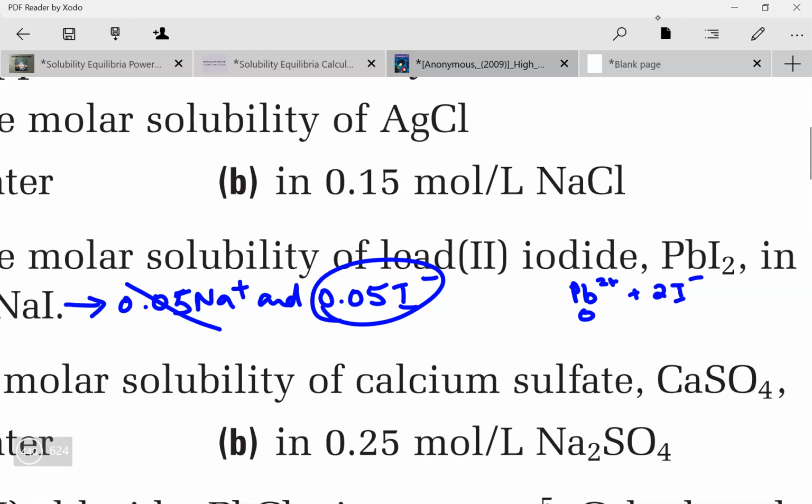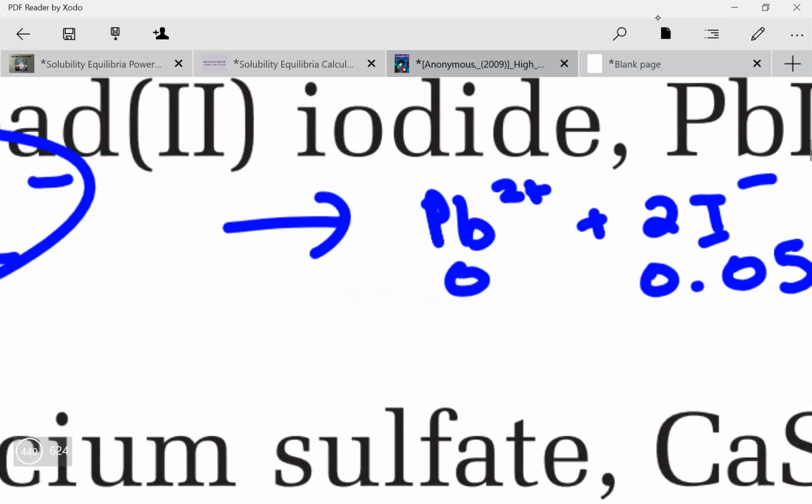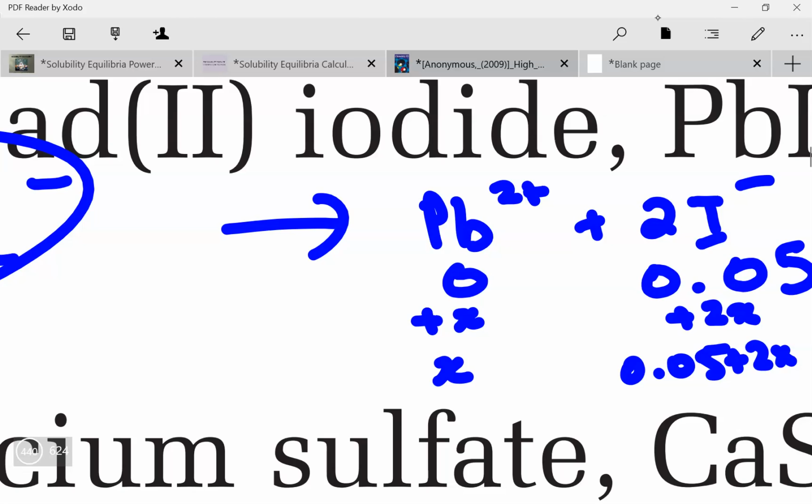We don't care about Na plus because it does not affect this system. So our initial concentration is going to be 0.05. Again, the same, plus x, plus 2x, x, 0.05 plus 2x.